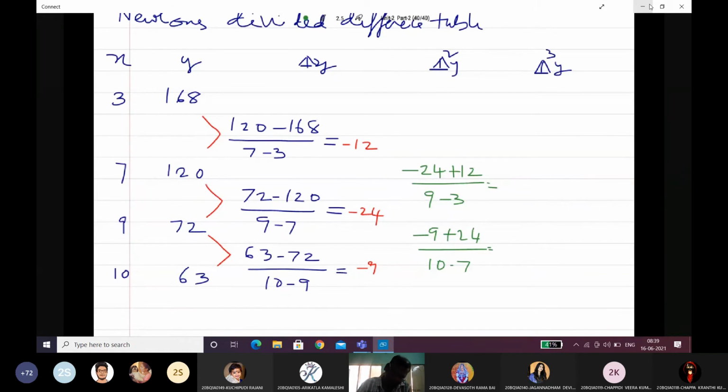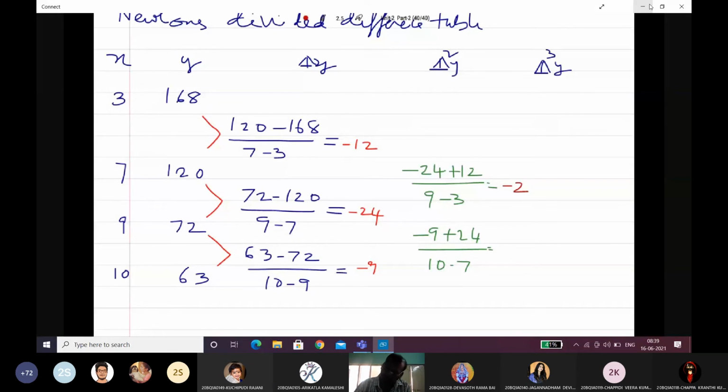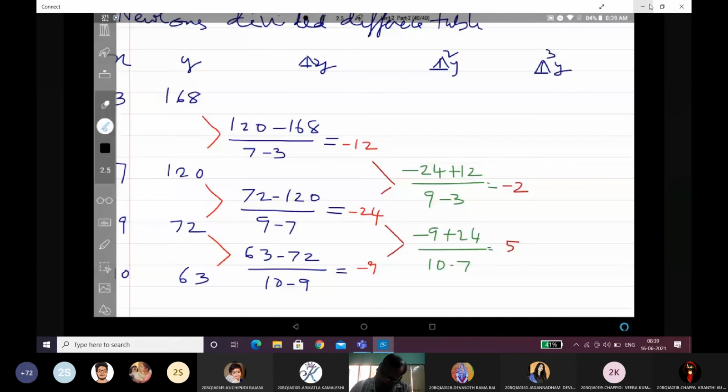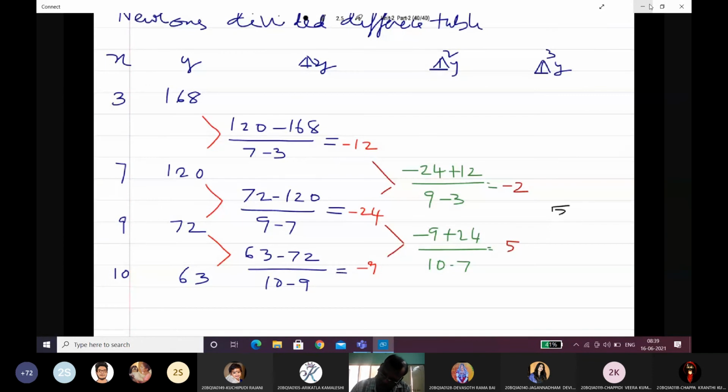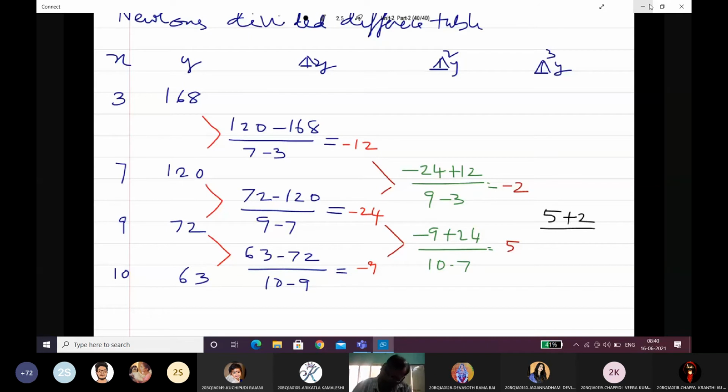Now what are the values? -2, sir. -2. 5, sir. 5. Next, third divided difference: 5 minus of minus 5 plus 2 by 10 minus 3. How much?